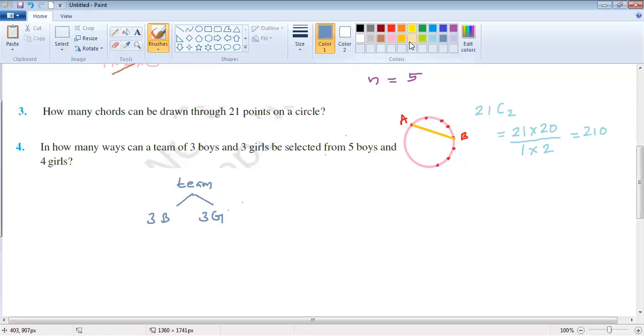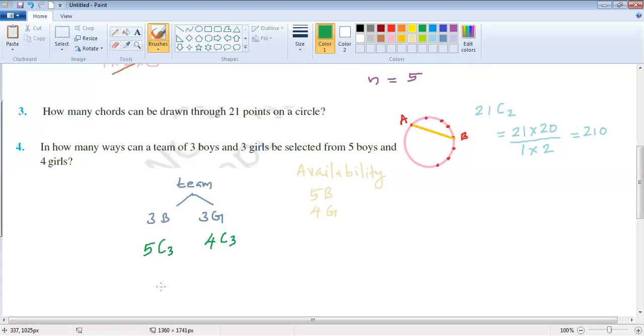Available members: we have 5 boys and 4 girls, and from these you have to make the team. So how will you select 3 boys? We can select 3 boys from 5 boys in 5C3 ways. We can select 3 girls from 4 girls in 4C3 ways.